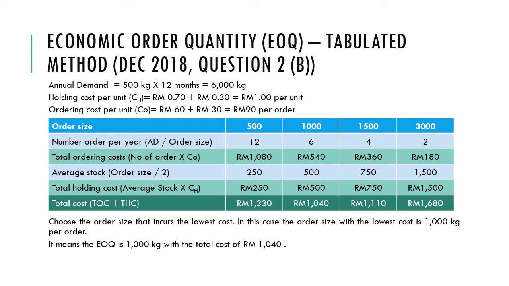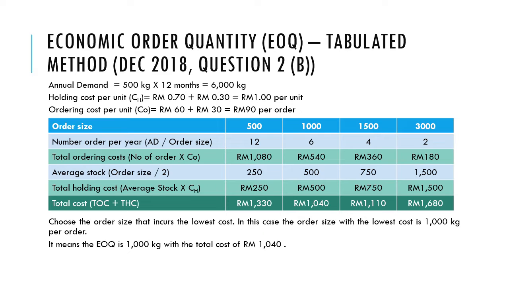For the holding cost, if I want to hold 1 unit or 1 kilogram of A9, I need to pay 1 ringgit per kilogram. So I need to know how many I hold at a certain point of time in my warehouse. It's difficult for us to really get the specific number of stock that we hold every year.